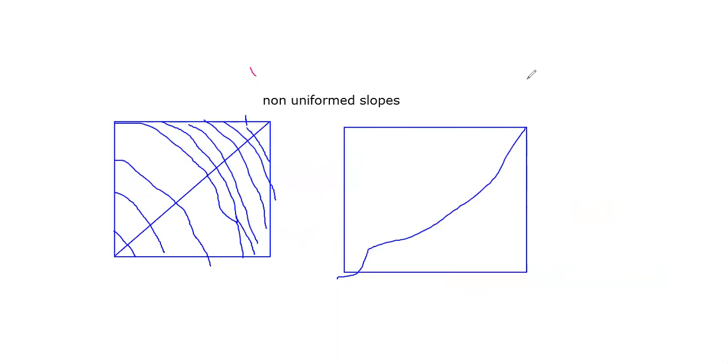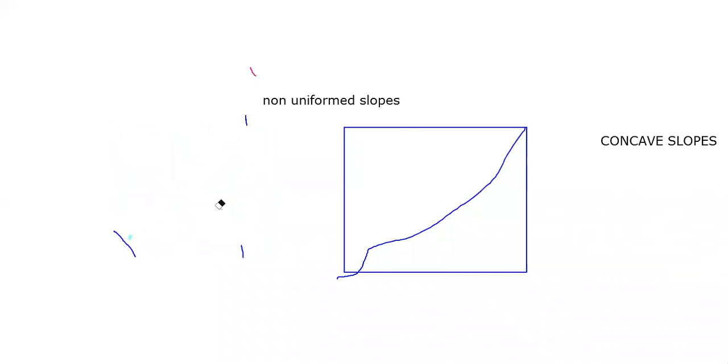So that is what you call a concave slope. Yeah. In both, concave slope. Right? Now let me erase. I'm just going to use the same. Oh, never mind.